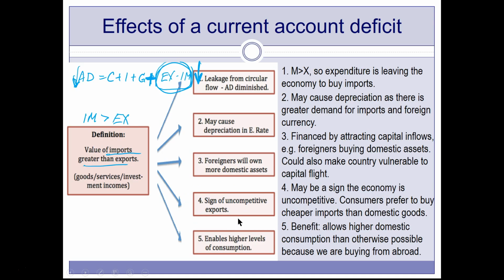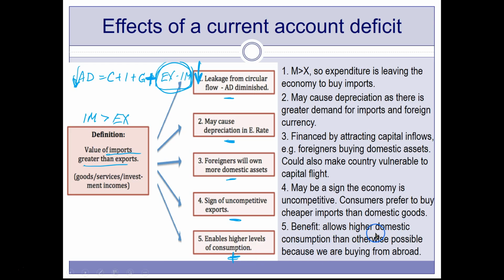On a positive side, however, all of these factors from 1 to 4 were the negative effects. The only positive effect of this situation is that it allows us to maintain higher levels of consumption. We buy lots of imports, maybe because we want them, maybe because we don't produce these products domestically, or maybe domestic products are more expensive.